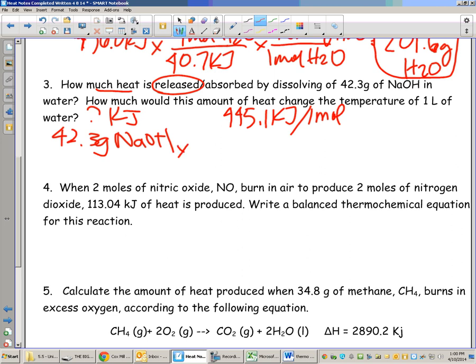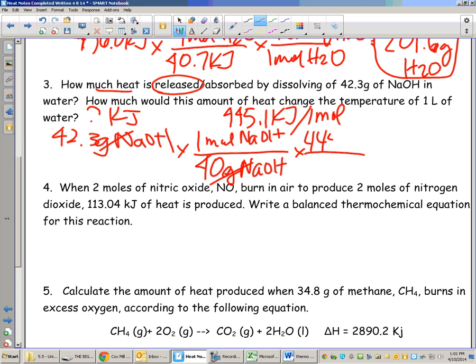All right, so what do I need to do first to this? Right, so 1 mole of sodium hydroxide is 40 grams of sodium hydroxide, the molar mass of that. That cancels, that cancels. Last step is to convert to kilojoules. So 445.1 kilojoules per 1 mole.